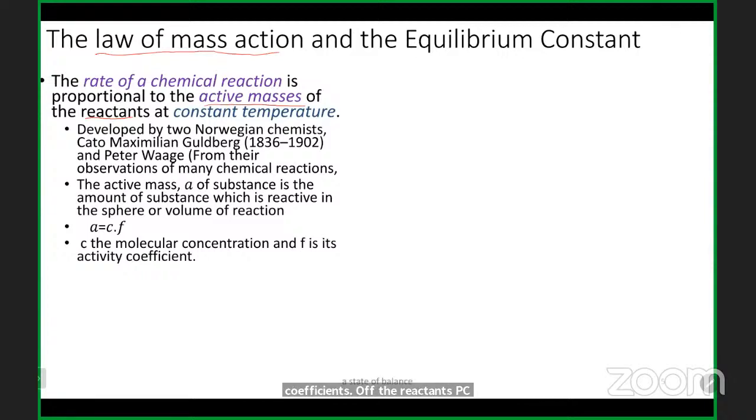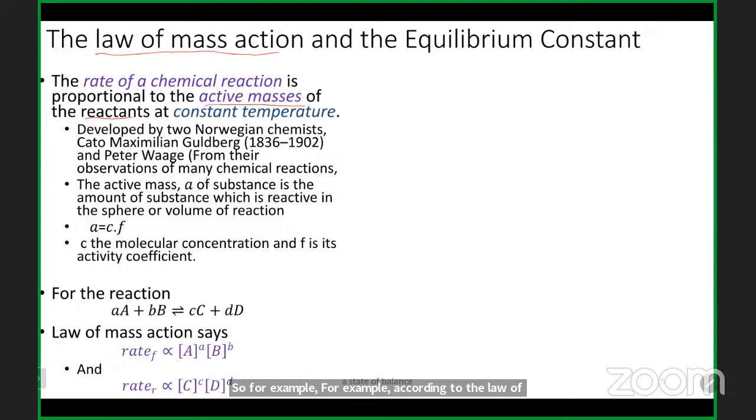So for example, according to the law of mass action, if we consider this reaction, the rate of the forward reaction is directly proportional to the active mass of A and the active mass of B. So everything here is A raised to power a, B raised to power b. So that's the difference between the law of mass action and that of the regular rate of reaction.